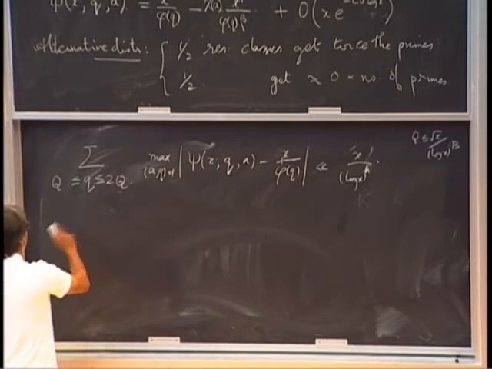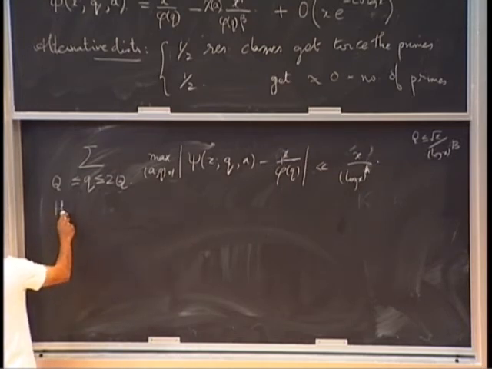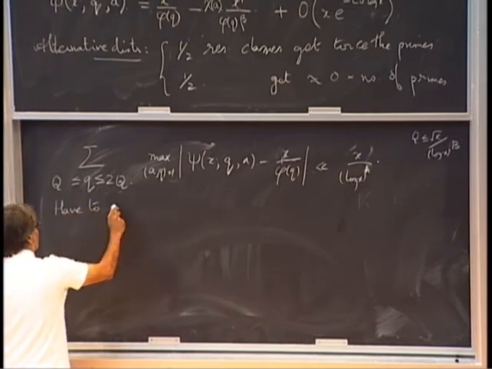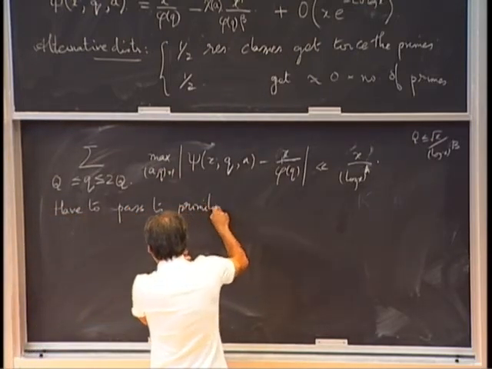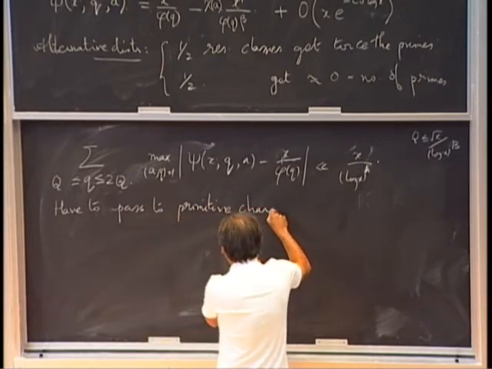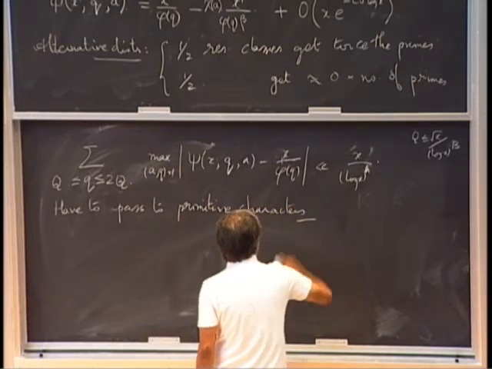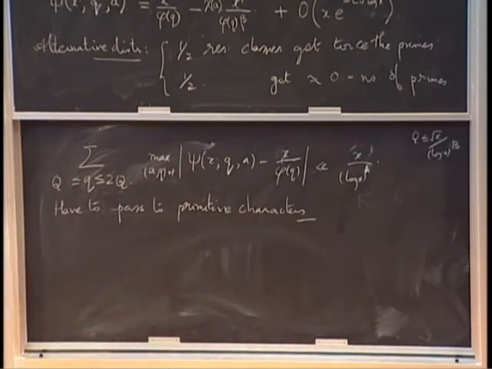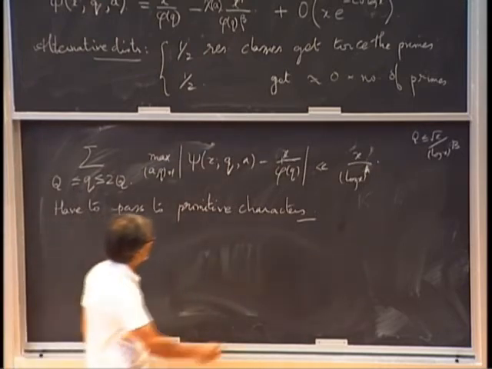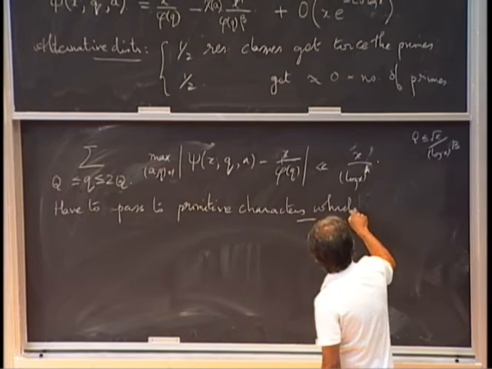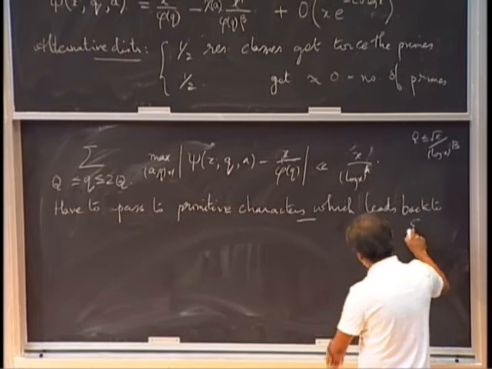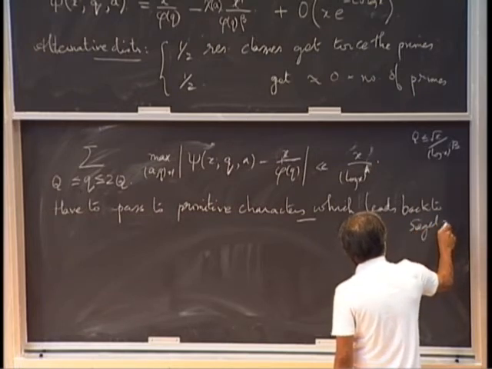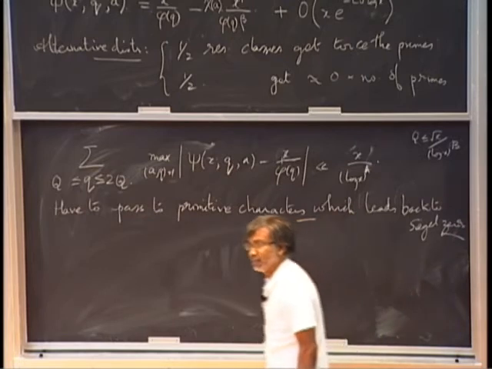So you can reflect here on how we have to pass to primitive characters in this argument, and this leads back to Siegel zeros. Okay, any way of circumventing that?